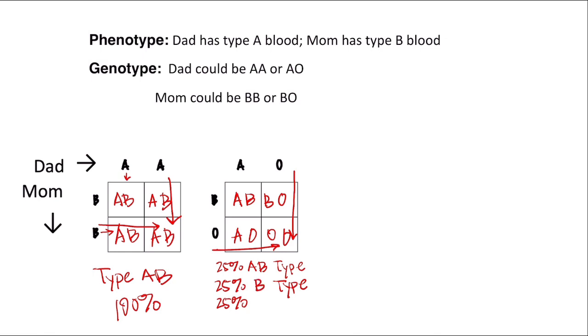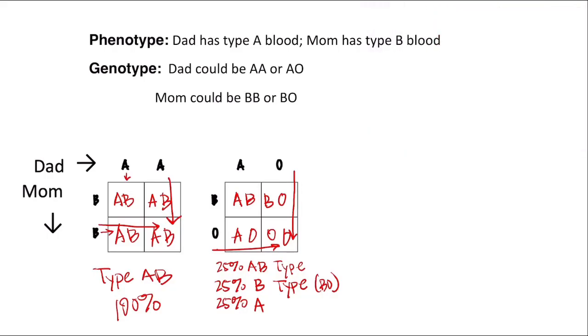So type B for the combination BO, type A for the combination AO, and the last 25% is type O for the combination OO.